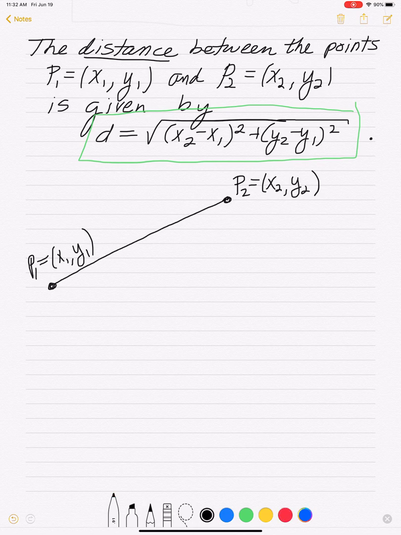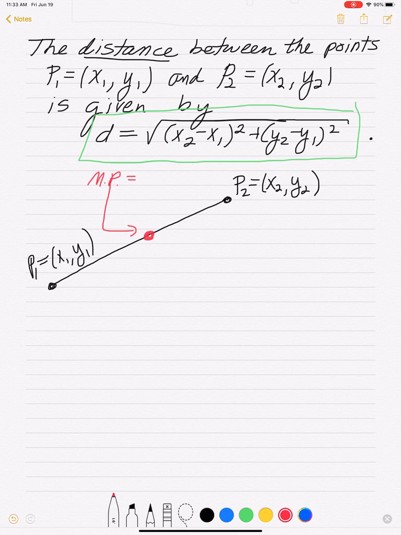And this time we're not interested in the distance between those points. We're interested in a special point right here. What is that point is the question. Well, that's the halfway mark. It's called the midpoint. So we're interested in coming up with the formula for that midpoint. I'm calling it MP for midpoint.